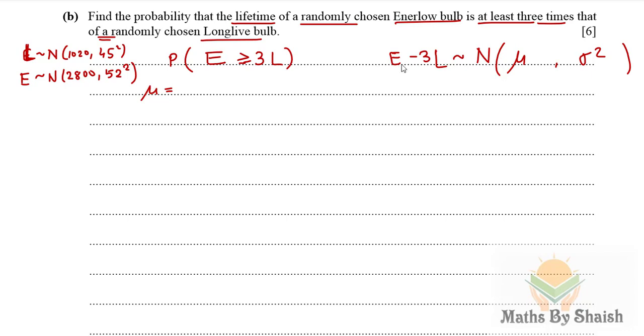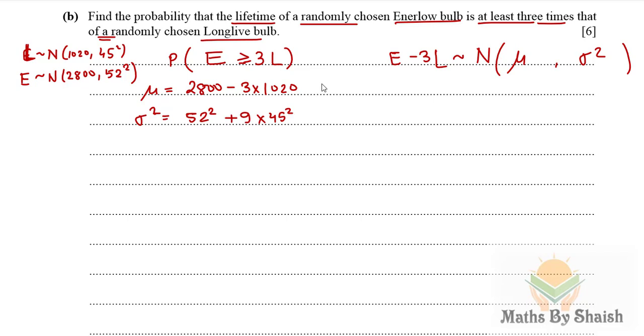So the new mean of E minus 3L is 2800 minus 3 times 1020, and the new variance is the variance of E, 52², plus 9 (3 squared) multiplied by the variance of L, 45².